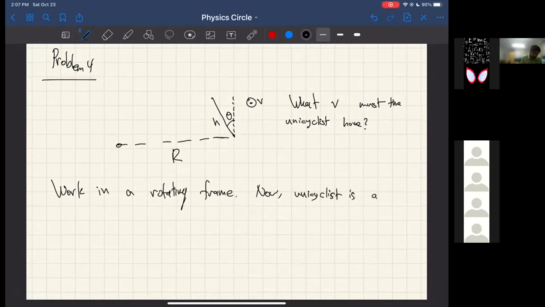is at rest. And what are the forces on the unicyclist? Well, there's gravity. Let me draw them in blue. There's gravity, there's normal force, there's frictional force. And now there's this fictitious centrifugal force.